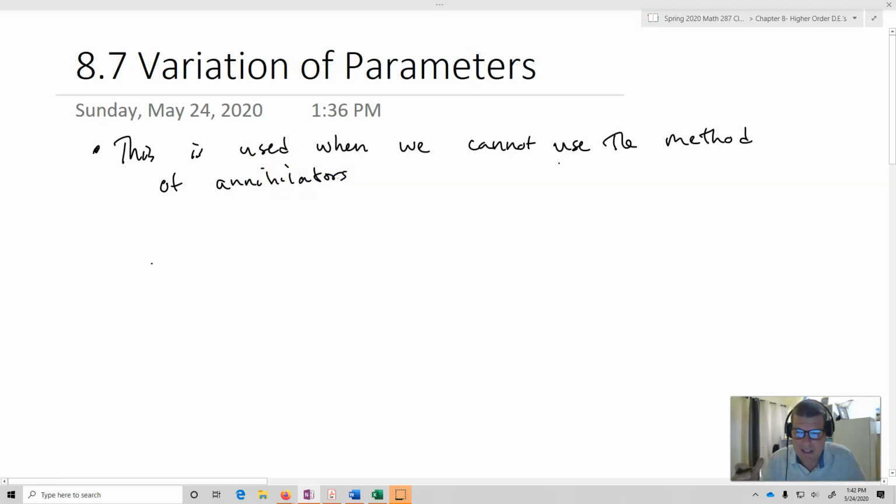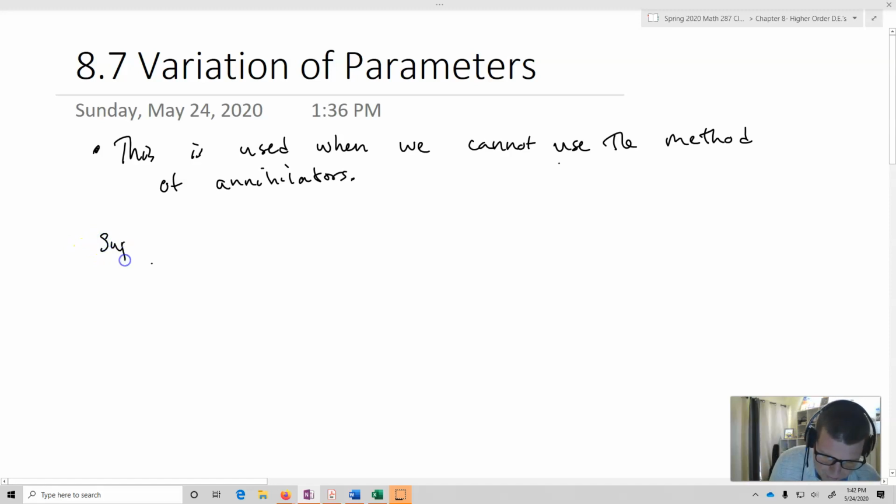It's not necessarily easier, but it is definitely something that we can use in a lot of different situations, and it almost doesn't matter what f of x is for us to be able to use this method. So if we don't have the right form to use the method of annihilators, we're going to use variation of parameters.